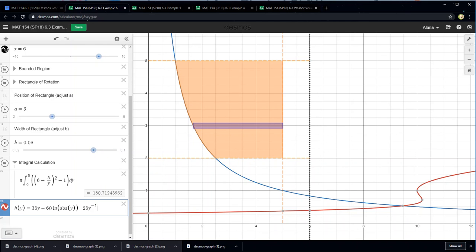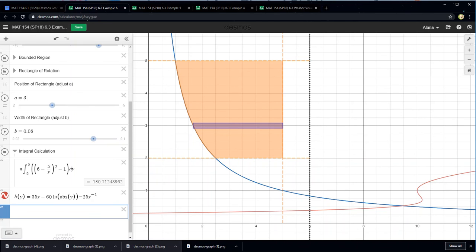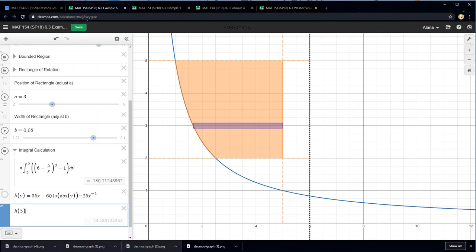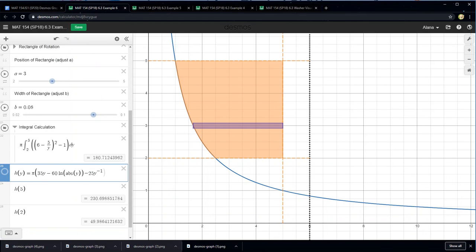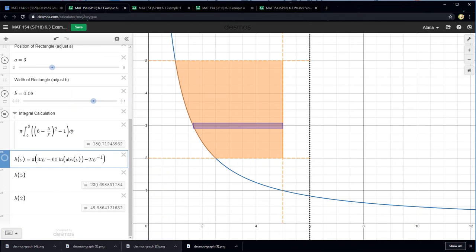So if we want, we could say just y in this particular instance. I don't really want to graph it, I just want to look at it. So then h of 5 is that value. h of 2 is that value. Oh, and I got to multiply the whole thing by pi. I forgot about that.